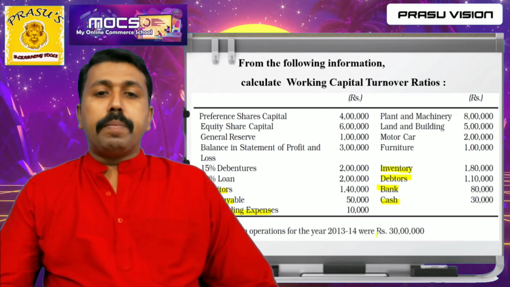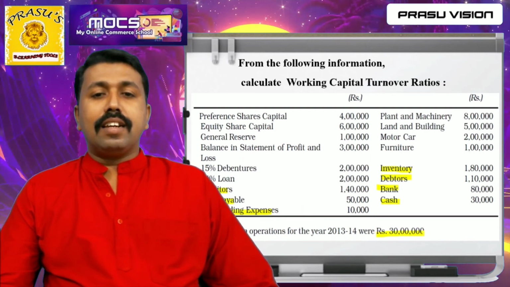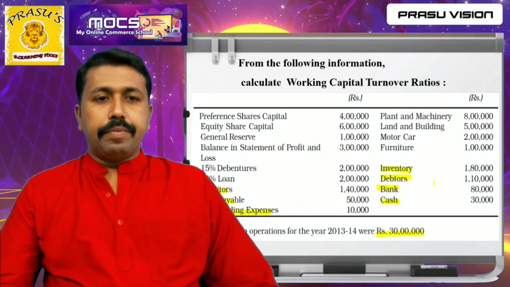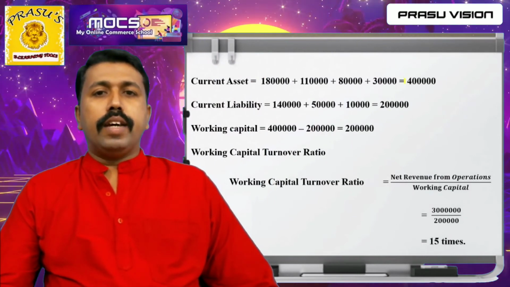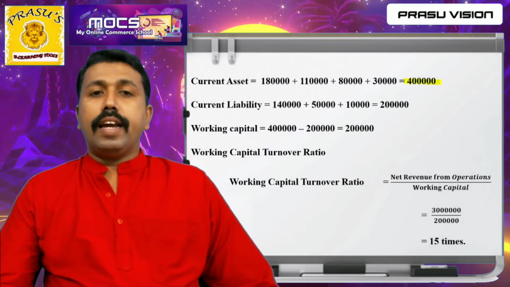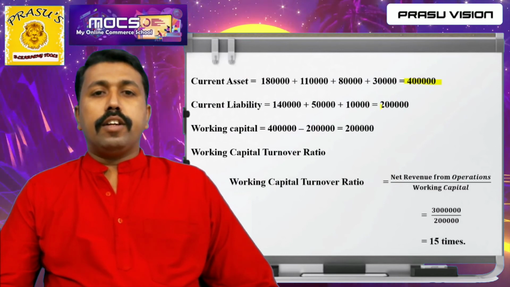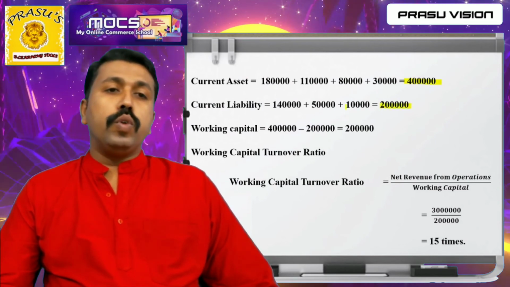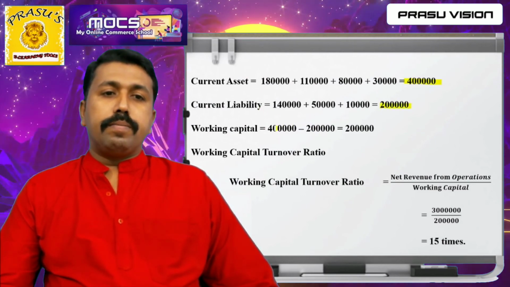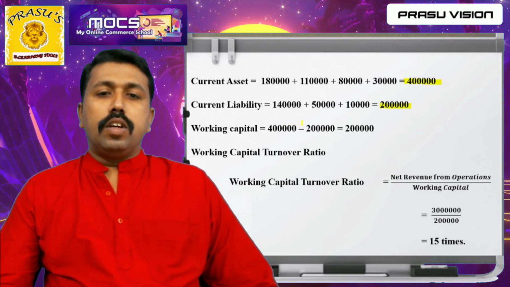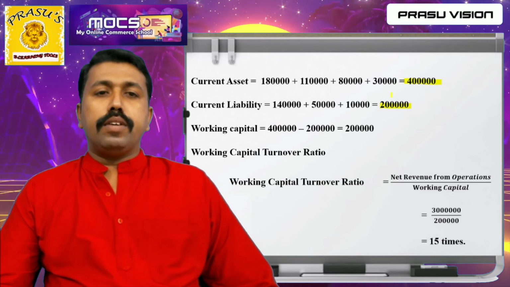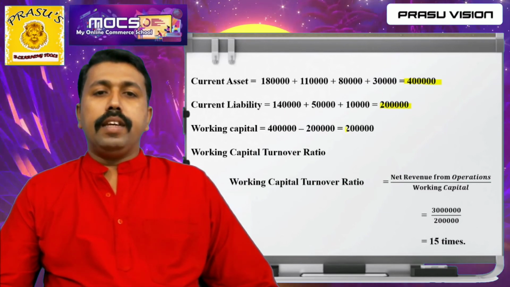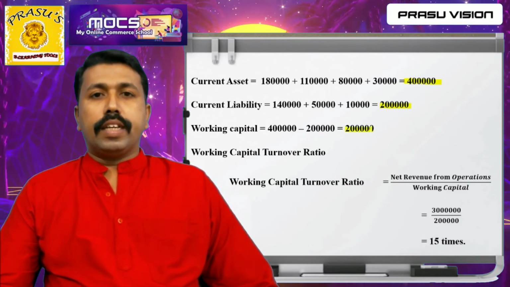Revenue from operation for the whole year is 30 lakh, and I think there is no other information. So current asset we are totaling, and 4 lakh is there, and when we calculate the total of current liability, it is 2 lakh. We can find the difference between 4 lakh and 2 lakh, which will be the amount of working capital.